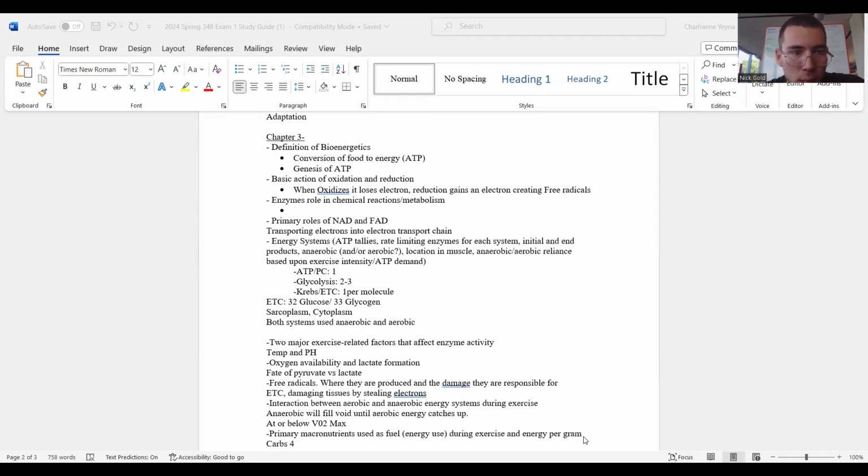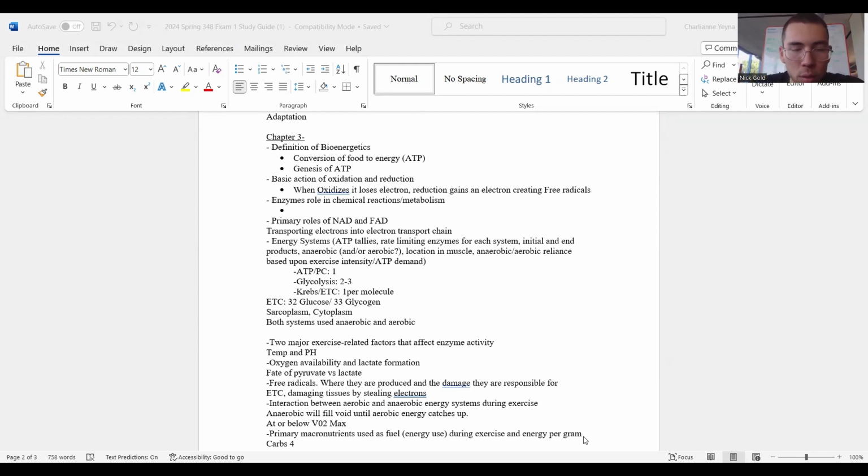Okay, classification of enzymes. This is the table that we need. Nope, there it is, on slide 49. There are 4 types of ways that we really make energy.